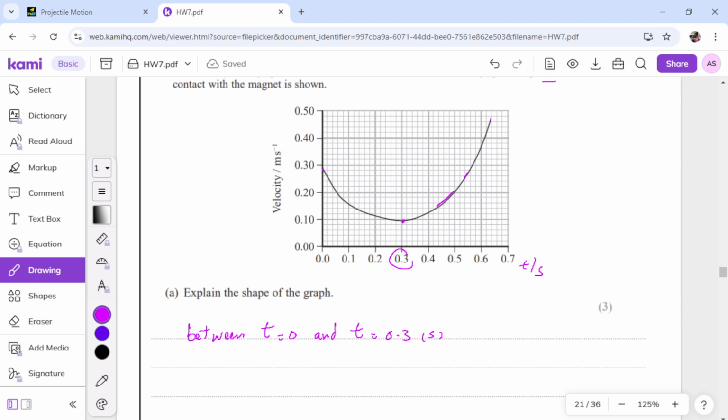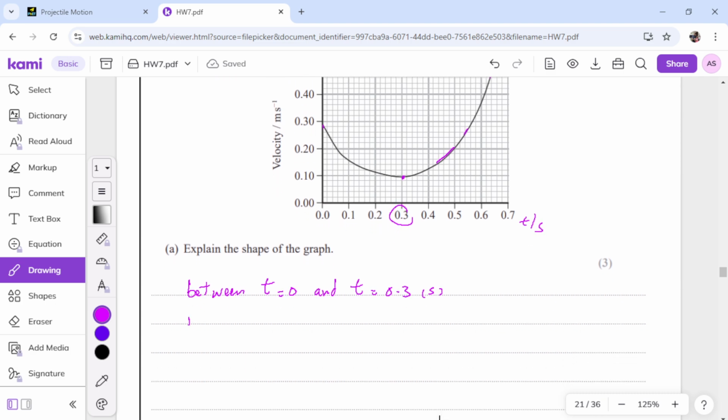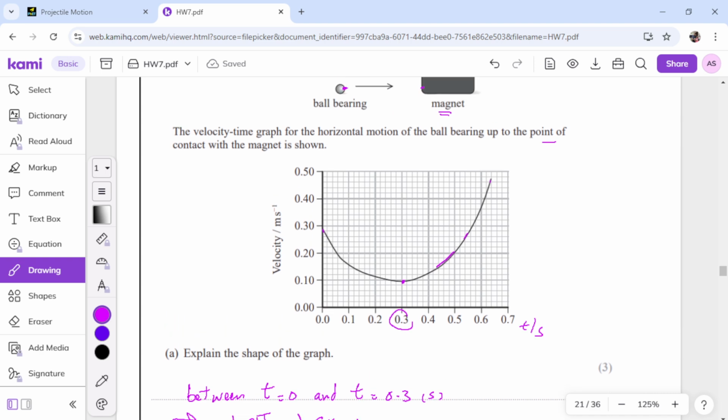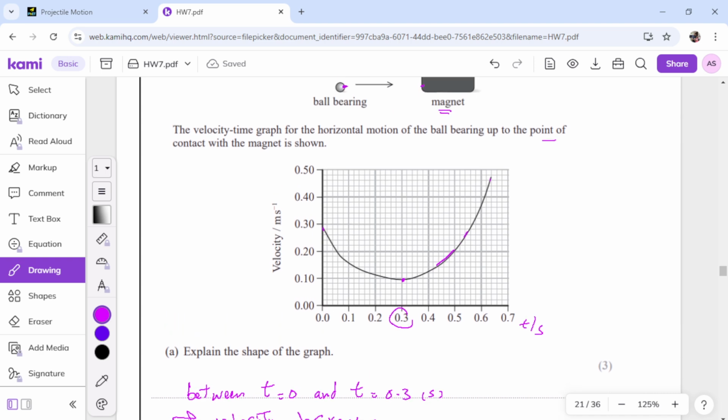Okay, so what happened? The velocity decreases. And if you want to explain why, of course the only force affecting the ball is friction, because friction force always opposes motion.